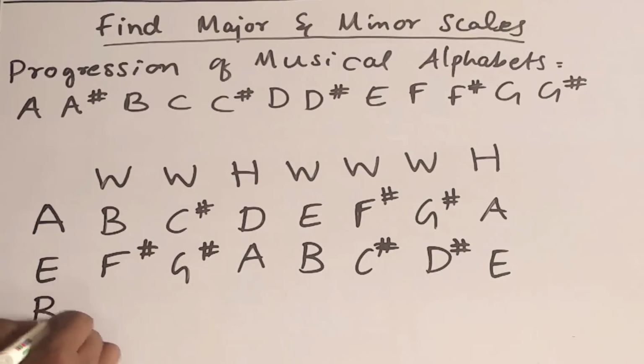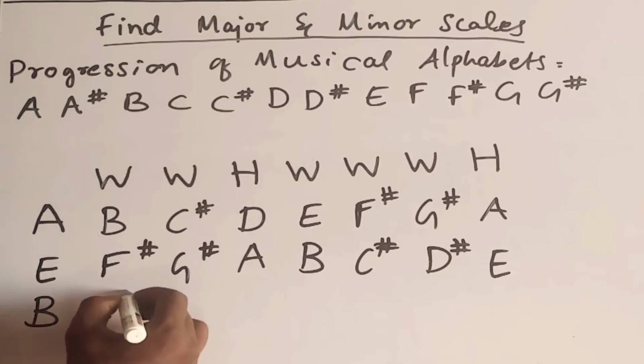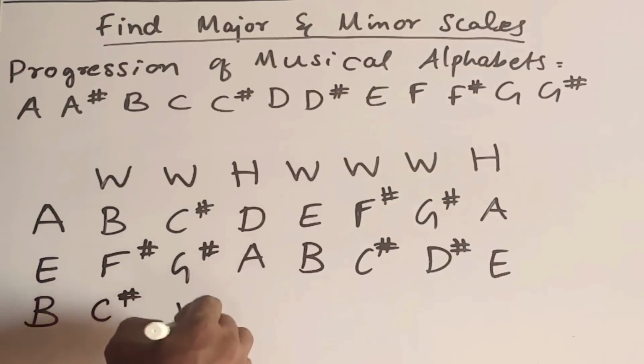Let's find B major scale. B to whole step is C sharp. C sharp to whole step is D sharp.